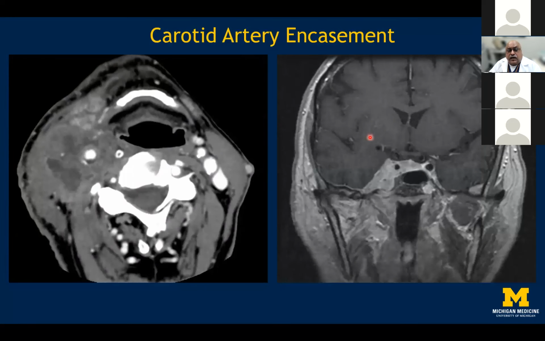Another important aspect of imaging is also involvement of the carotid sheath structures, because if there is near total involvement of the carotid artery, the tumor in the head and neck becomes nearly inoperable, even though the further circulation at the skull base may be patent.